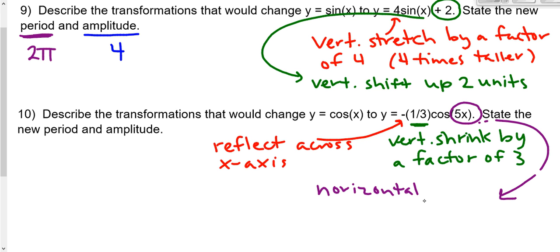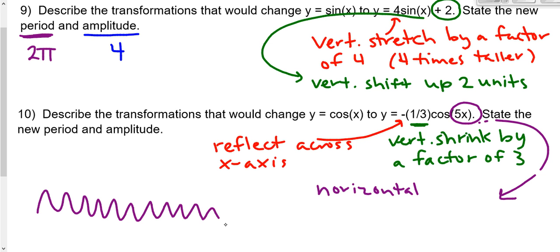You see right now this roller coaster is 5 times the fun. Cosine of 5x is 5 times the fun. What does 5 times the fun mean? That means you're going to have a whole lot more of these little curves all squished together. You get to go up and down a whole bunch more times. So that means we have a horizontal shrink. It's going to be narrower than it used to be. Horizontal shrink by a factor of 5. 5 times narrower.